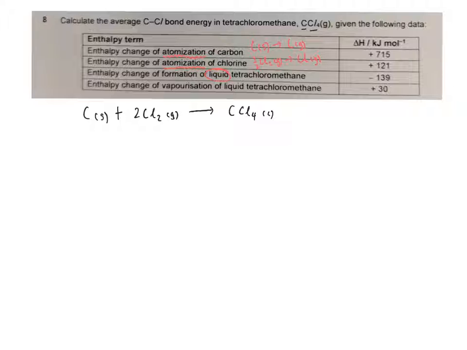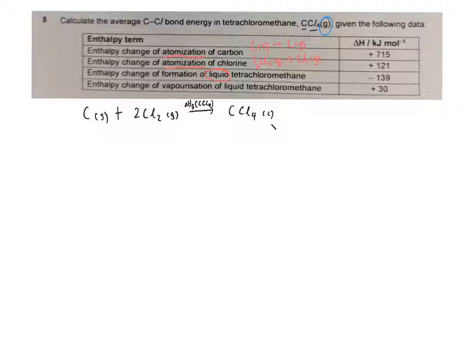And we need to be a little bit careful here because we are asked for the bond formation, and for bond formation to hold true, we need to consider stuff in the gaseous state. And so there might be one other process that needs to be written down. So this will be delta HF of CCl4.